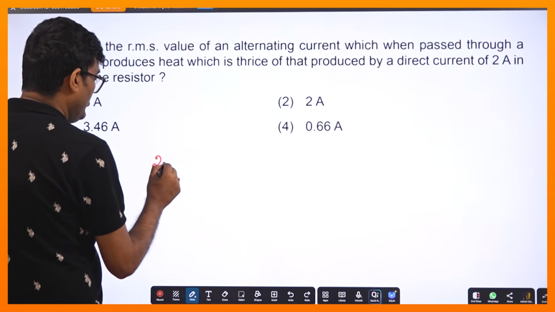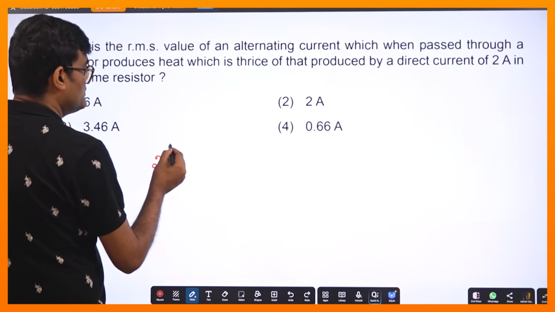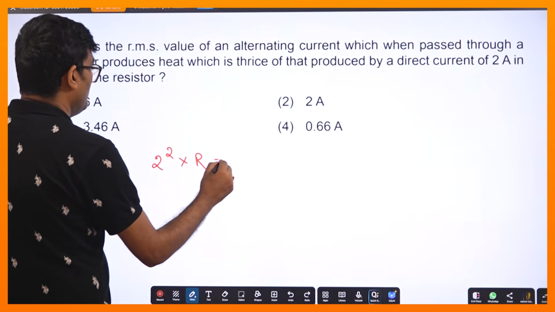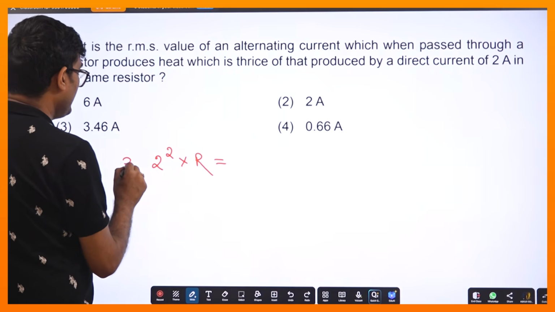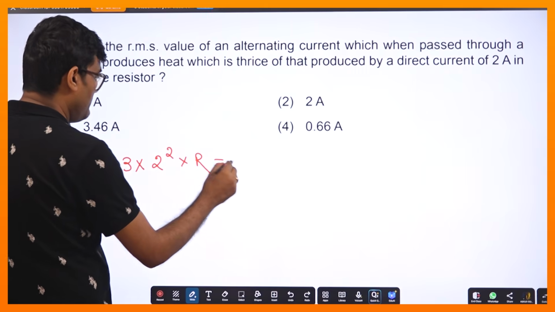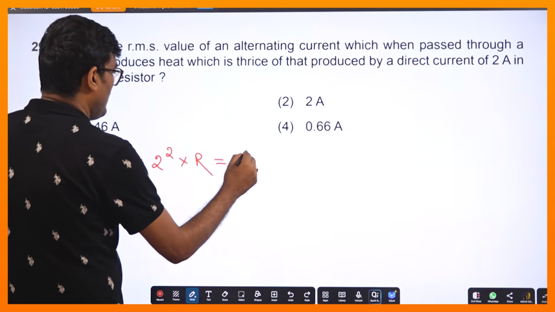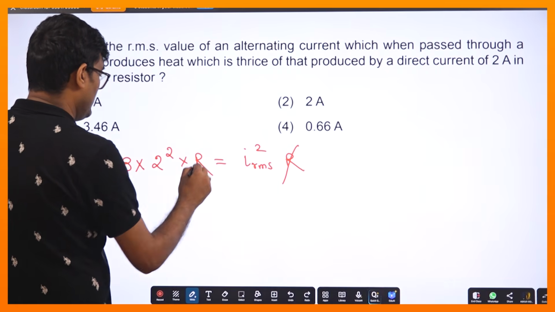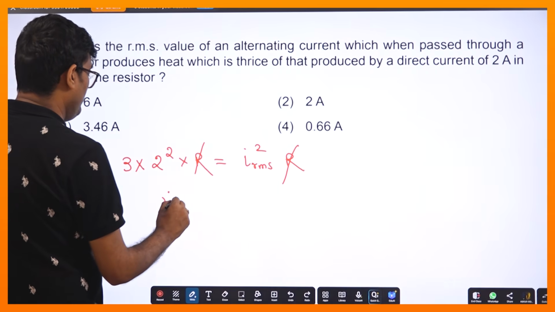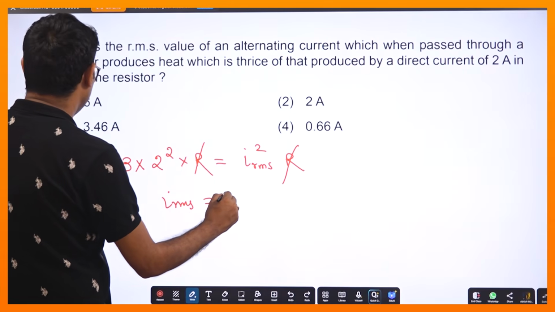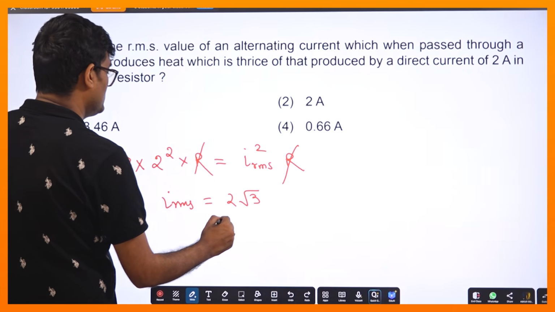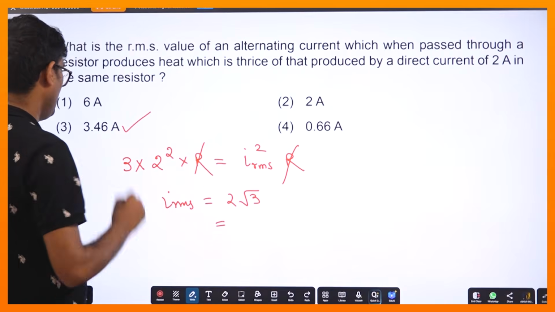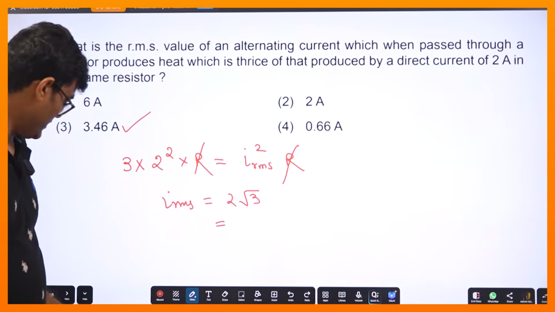So 2 ampere current in the resistor produces heat I square into R, and 3 times of this is produced by I RMS square into R. So R gets cancelled out. I RMS is equal to 2 root 3, right? Root 3 is 1.73, so it's 3.46. Option 3 is the correct choice for this question.